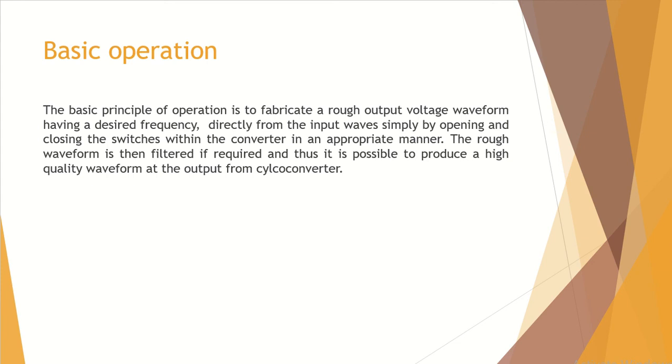But in the cycloconverter, we are producing the AC signal of variable frequency directly from the input wave, and this wave can then further be filtered, and we can have a high quality waveform. So this is basically the rough principle of the cycloconverter.